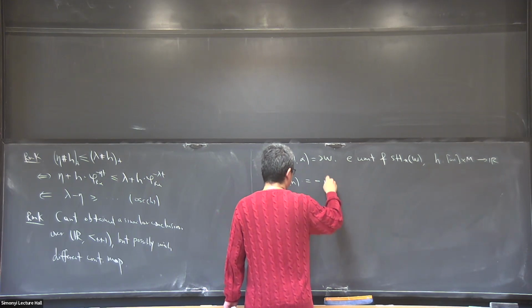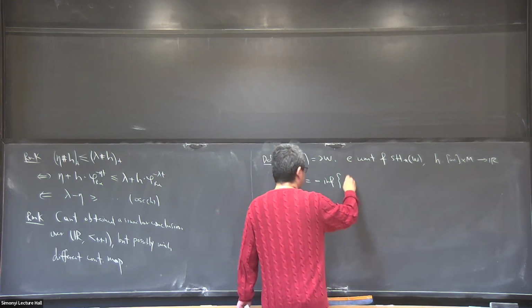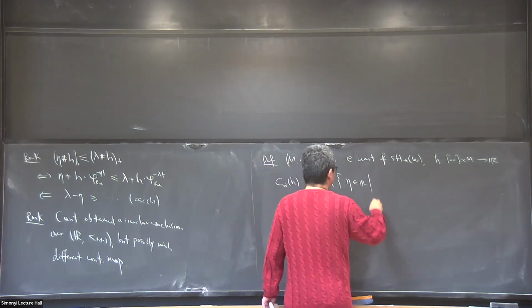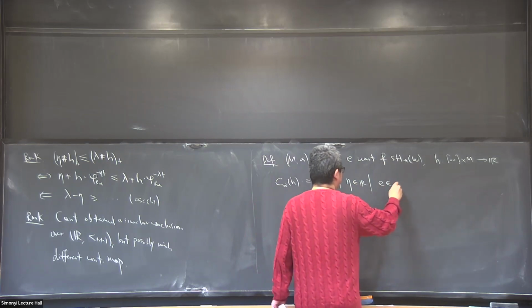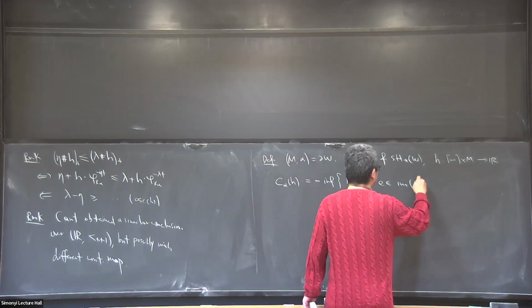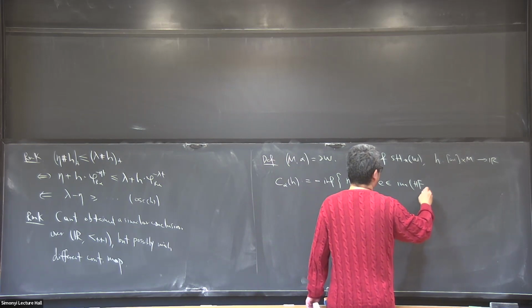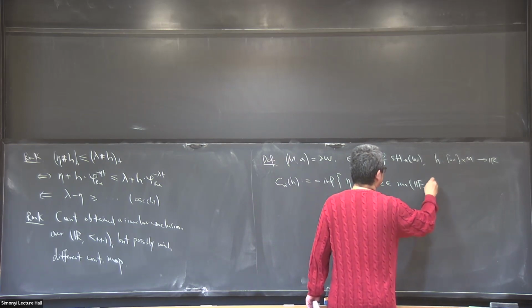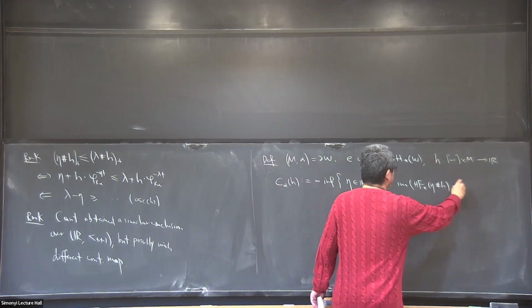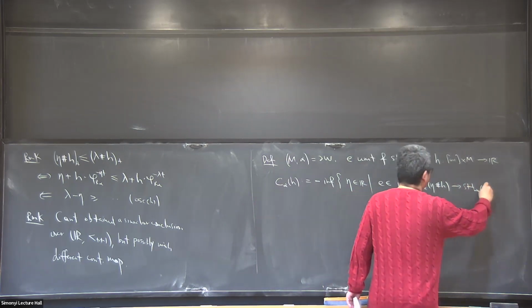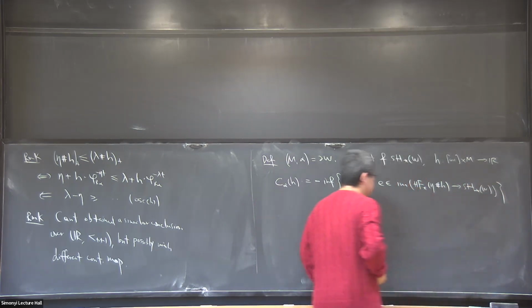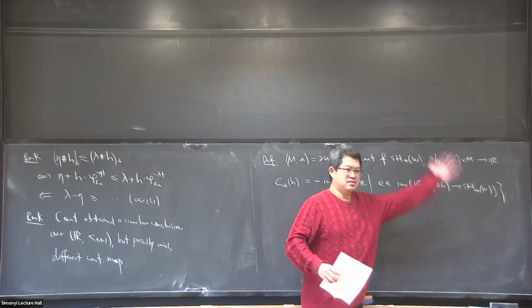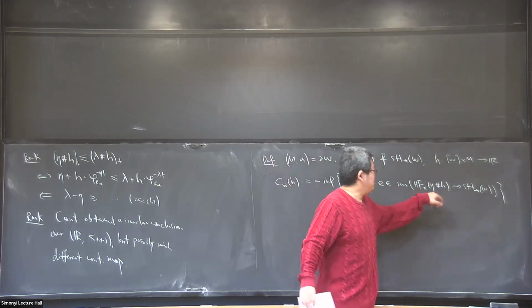I'll put this minus sign of all the eta such that E lies in the image of the homology from eta which goes to the symplectic map. So this map is just like so. This is the limit of the guy here.